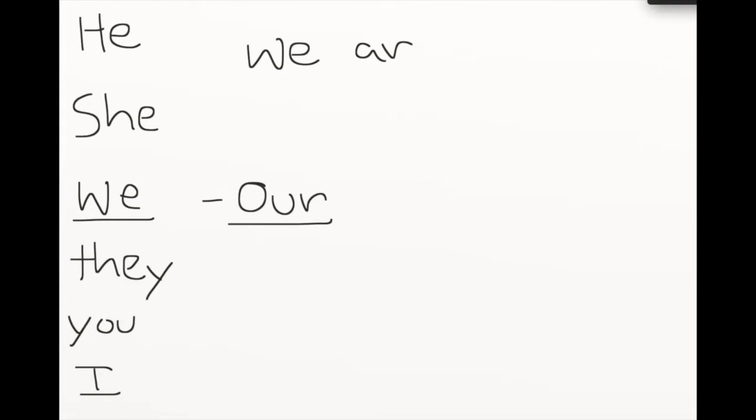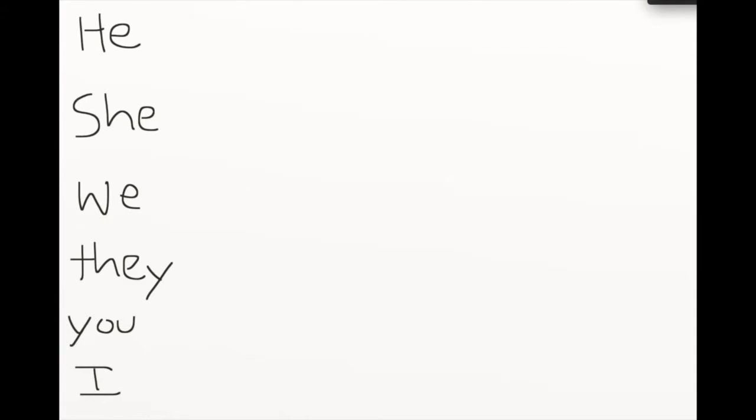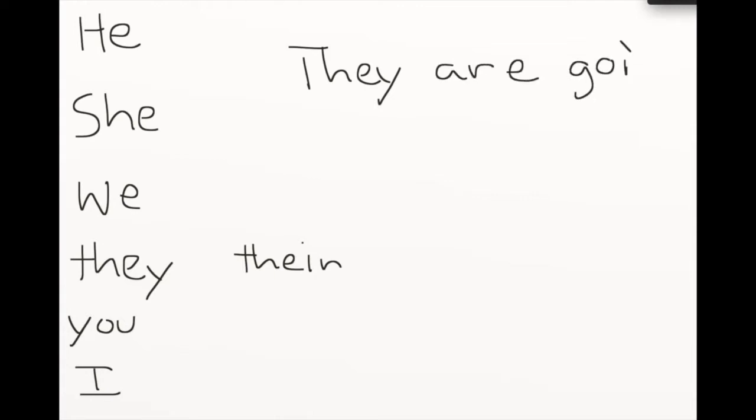So next we have they. And I just wrote it, so you already know the possessive pronoun for they is their. They are going to their house. Let's write that. They are going to, I'm going to skip there for a second, house.